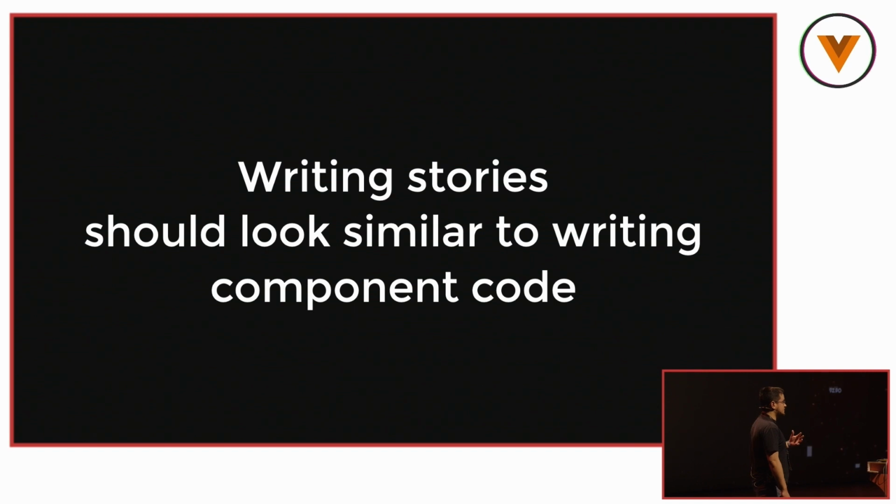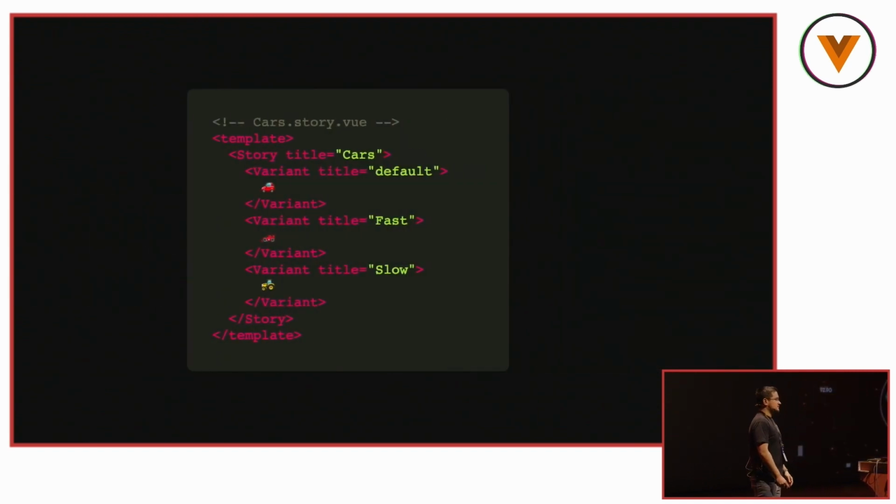So I wanted stories to really look like a normal component. Here's an example of a story in Histoire. It's really just about writing a normal Vue component and using the story and the variant components provided by Histoire in your story file. And then it works, and you have your story appearing in your Histoire application.